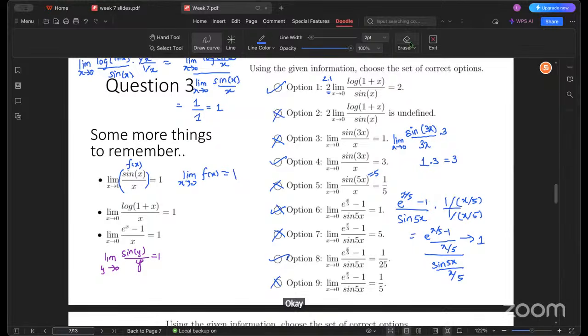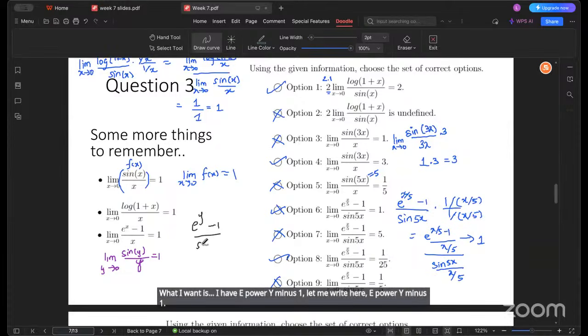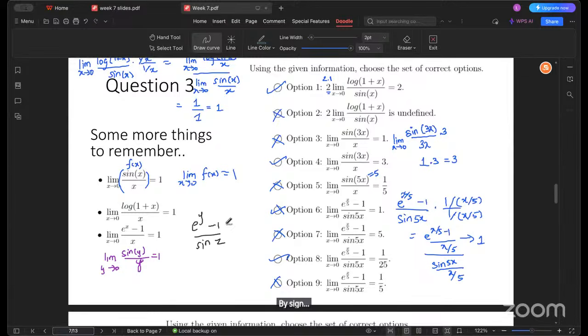Okay, see here, what is it that I need? Here you see that I have e power y minus 1 by sine z. This is what I'm having. What I want is e power y minus 1 by y, and sine z by z. This is what I want.